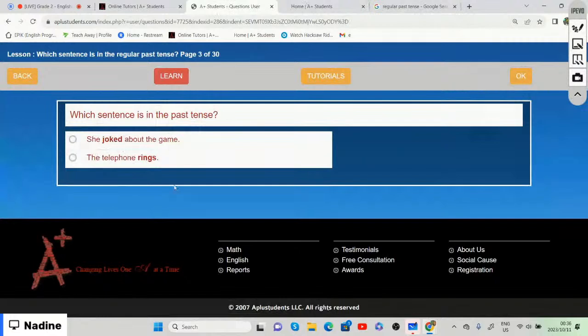She joked about the game. She joked about the game. Or do we say the telephone rings? Remember, we need to select either option 1 or option 2 to show the sentence that took place in the past tense.